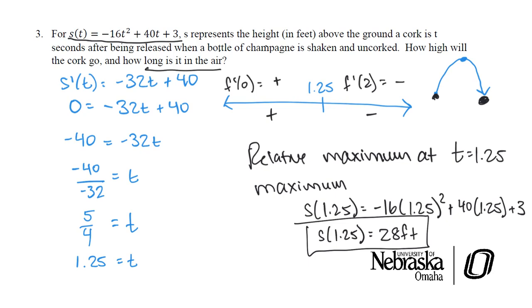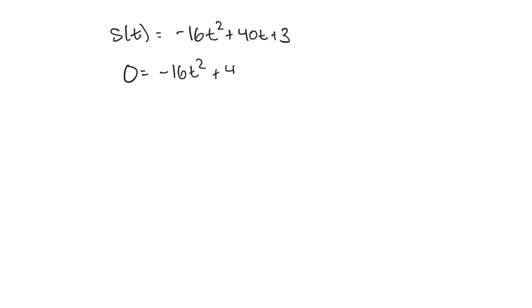So in order to find that, we want to set that equation equal to 0. So we are going to say our s of t function again is negative 16t squared plus 40t plus 3. We want to set this equal to 0. Now, our coefficients do not have anything in common, so we can't simplify it.